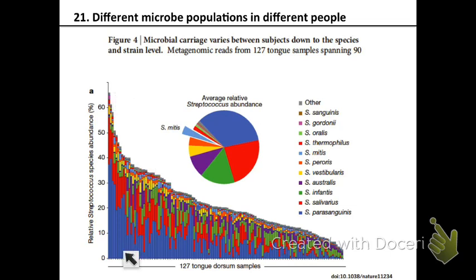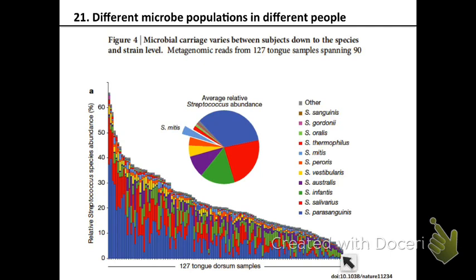And what you can see is that this person has a lot of strep bacteria in their tongue samples, because more than 60% of all the bacterial species that came out of that sample was a strep species, okay? And within this strep, the individual species distribution is shown here. And then this person here has very few strep in their sample, right?